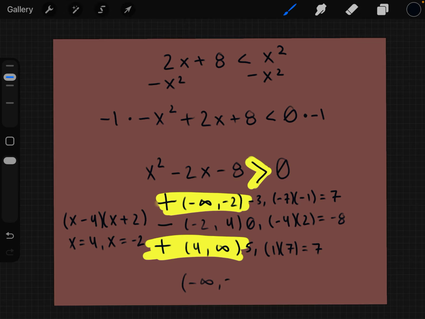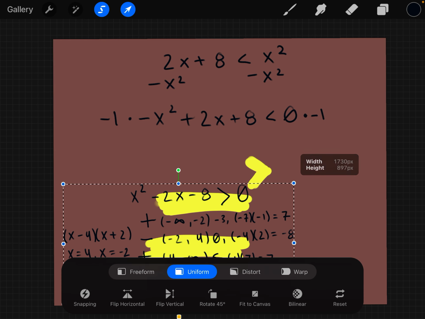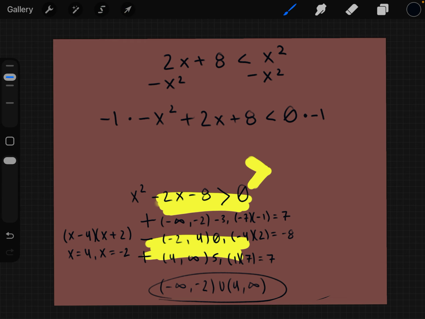It's not greater than or equal to, so we exclude all our values. This is our answer on a number line.